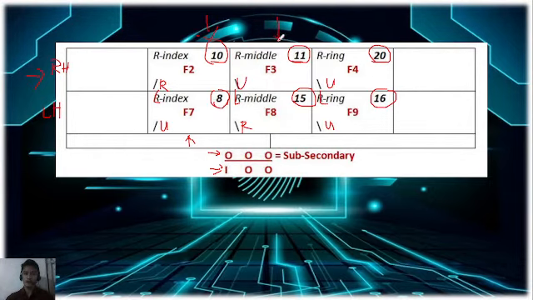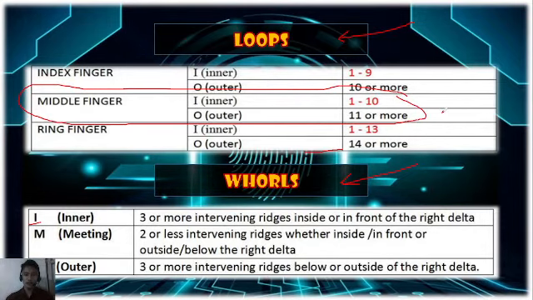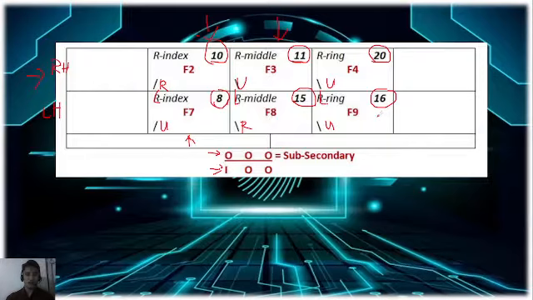Middle finger naman, parehas lang ba dun sa counting, or sa table natin na ginamit natin sa index finger? So, hindi po, di ba? So, hindi. So, ang gagamitin na natin is ito, yung para sa middle finger naman. Okay? So, 1 to 10 inner, and then outer naman for 11 or more. Okay?